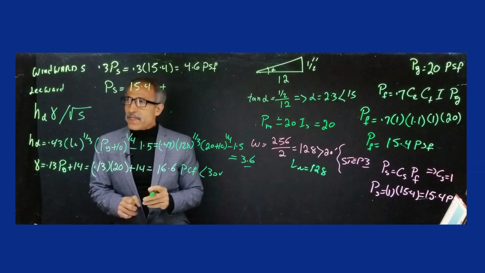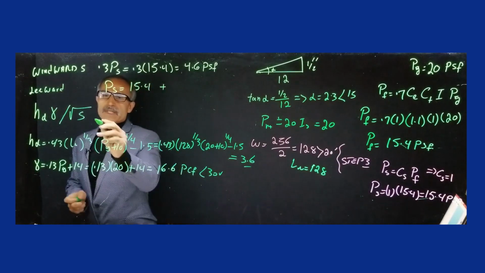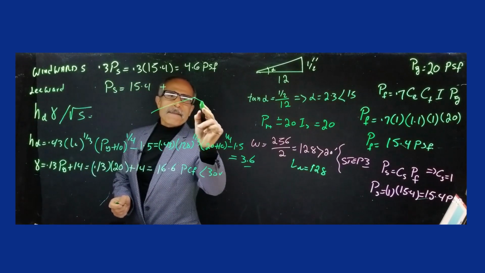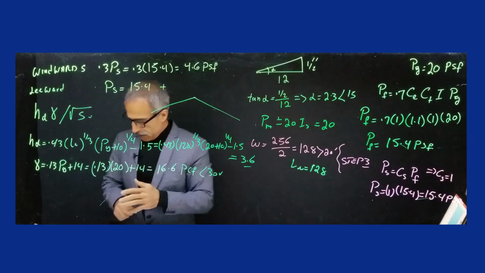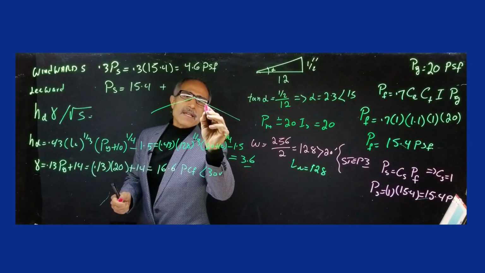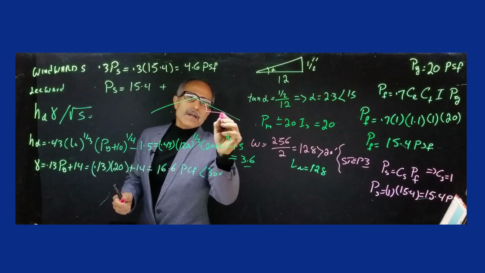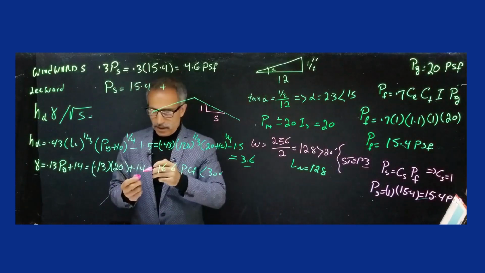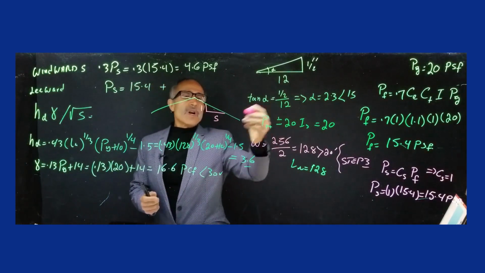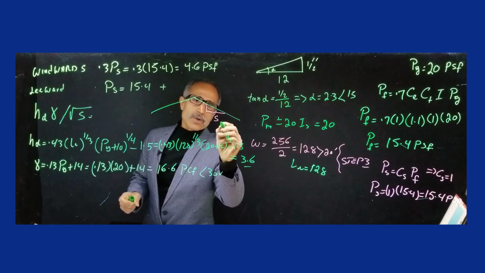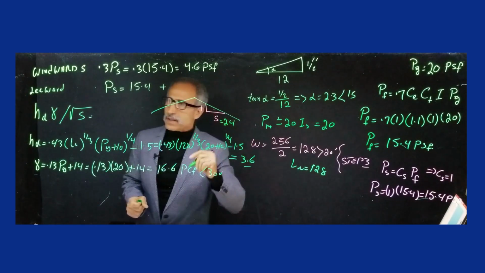Okay. And then let's go find S. What is S? S is basically, if I have a roof like this, normally the pitch is like that. They call this S, but this has to be 1 on what? If I got 1/2 inch on 12, therefore I got 1 on 24. So S is 24.